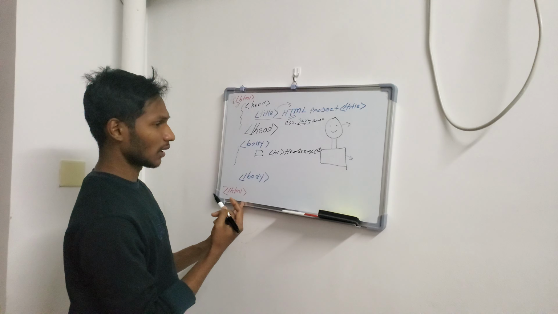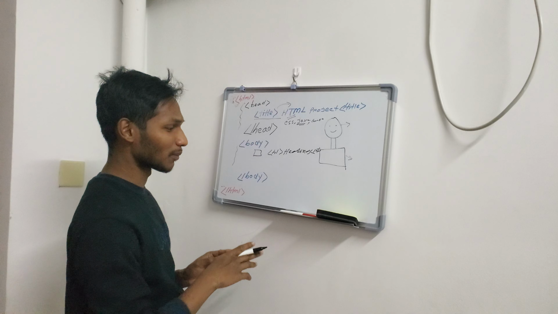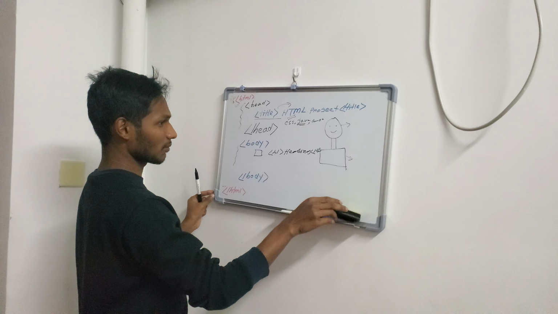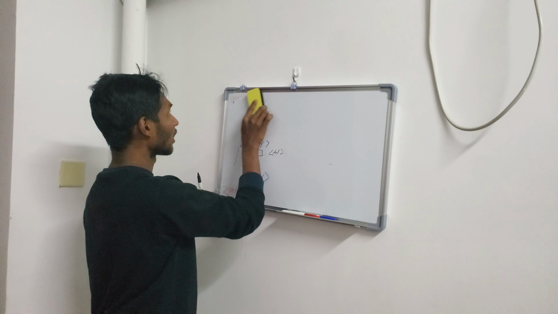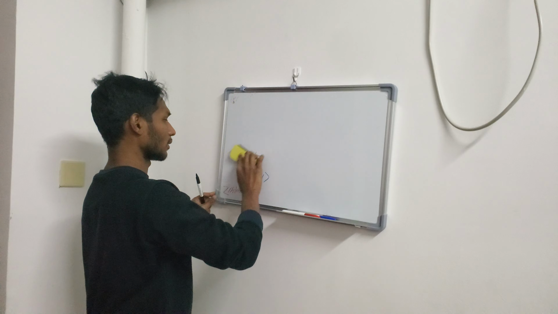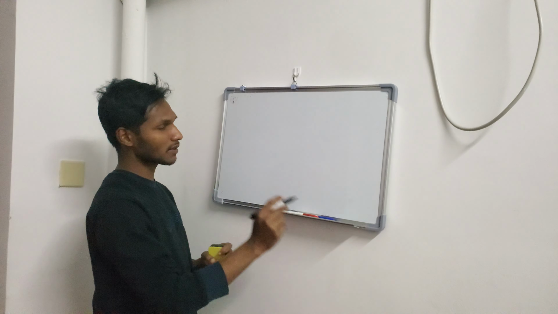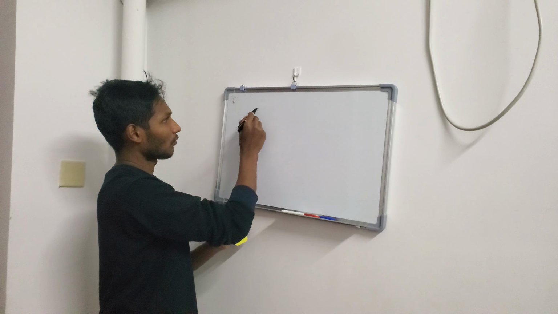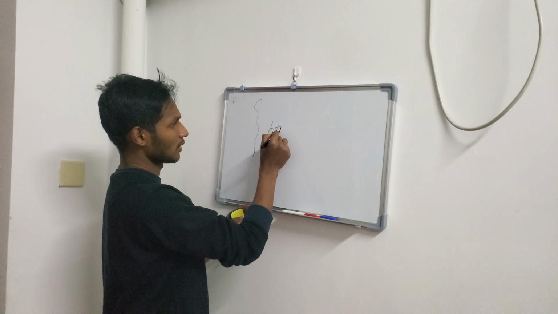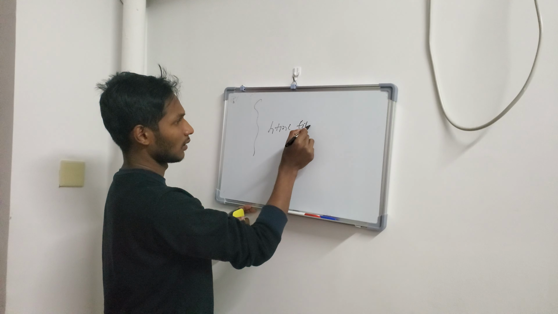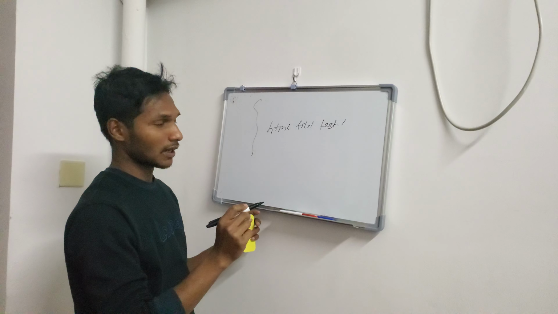And lastly, I want to mention one thing: most people think that HTML is a programming language. It's a wrong concept. I also thought that HTML is a programming language. Basically, this is not a programming language. This is called hypertext markup language. That means our total HTML file is a text file type, and it's a markup language.